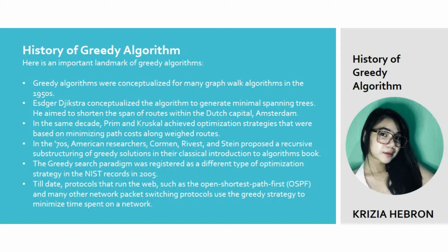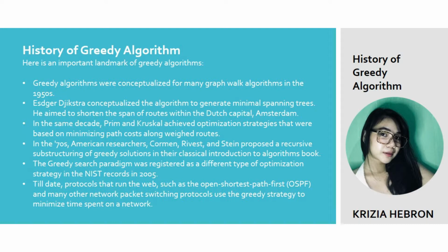He aimed to shorten the span of routes within the Dutch capital, Amsterdam. In the same decades, Prim and Kruskal achieved optimization strategies that were based on minimizing path costs along weighted routes.